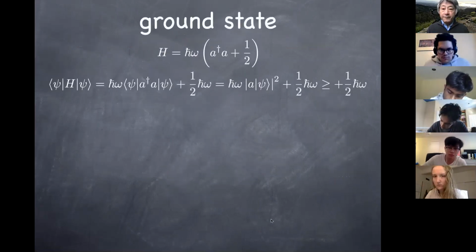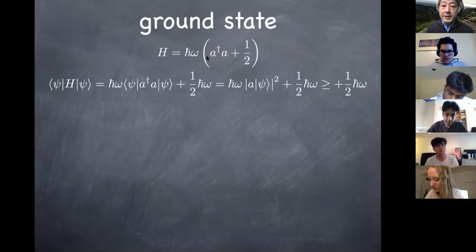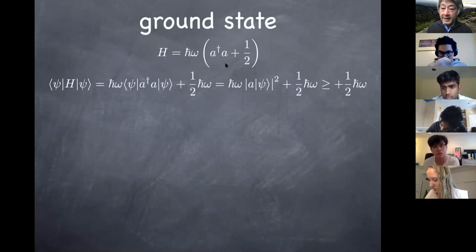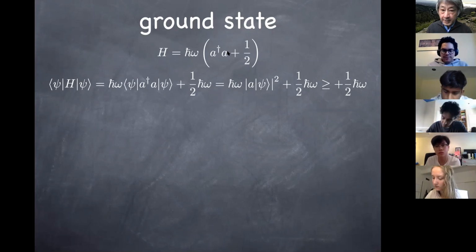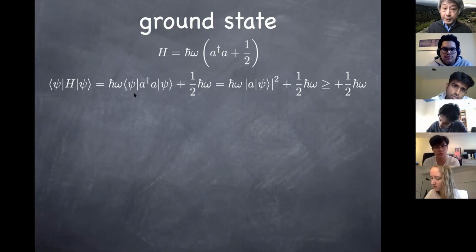So you first define the ground state. And one thing you know is that this Hamiltonian is given in terms of A dagger A, which is a positive semi-definite operator, because A times the Hermitian conjugate of A is always positive semi-definite. So that's something you can prove this way.